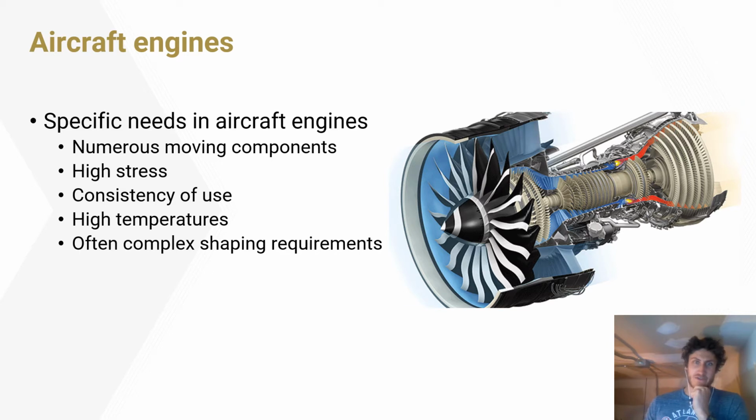They're in use under high pressure for long durations of time when the aircraft is in flight, and beyond complex shaping requirements that you can see in the internals of this engine, there's often incredibly high temperatures as the parts and the air moving through them undergo combustion in the pressurized chambers, which creates incredibly high performance requirements for any materials used in the aircraft engines themselves.